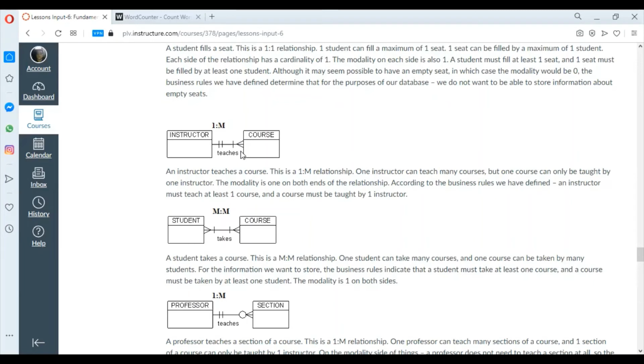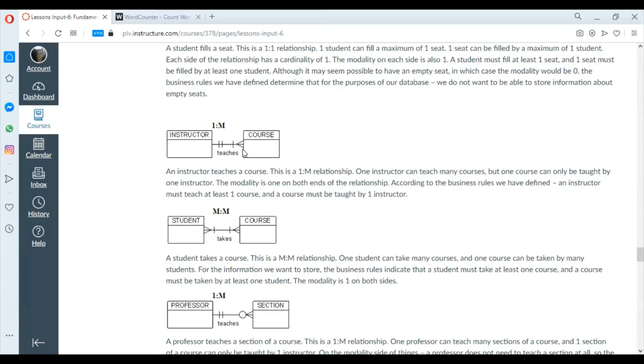Always remember that Crow's Foot needs to have two figures or lines drawn for our modality, unlike Chen, which could use only one particular symbol.